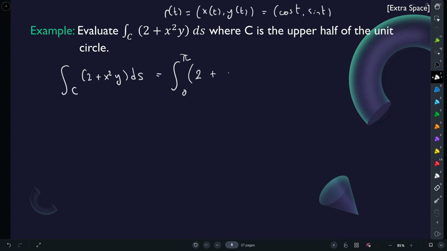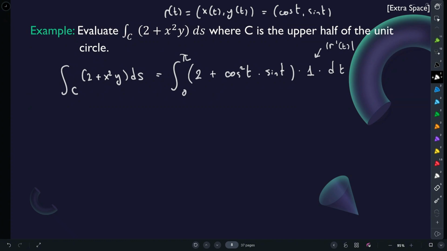So x squared is cosine squared of t times y of t, which is sine of t, times 1 times dt, where this 1 is conveniently the length of the tangent vector, the length of r prime. Okay? So it's just a 1.